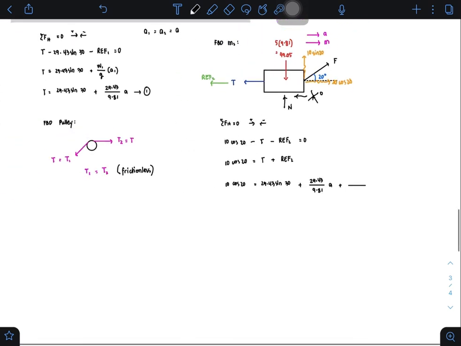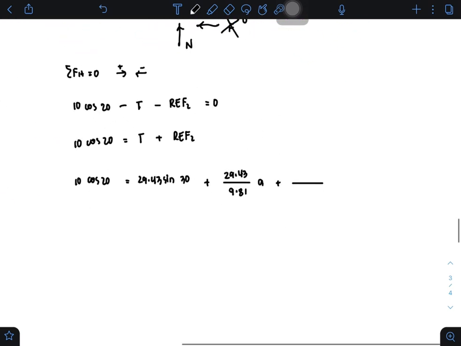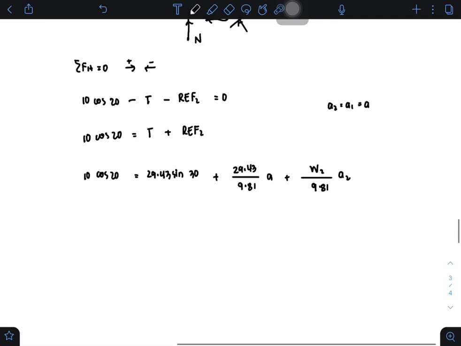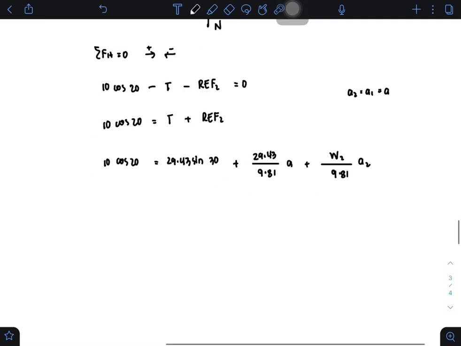The weight of the second block over 9.81 times the acceleration a2. However, acceleration 2 is equal to acceleration 1, or the acceleration of the whole system.